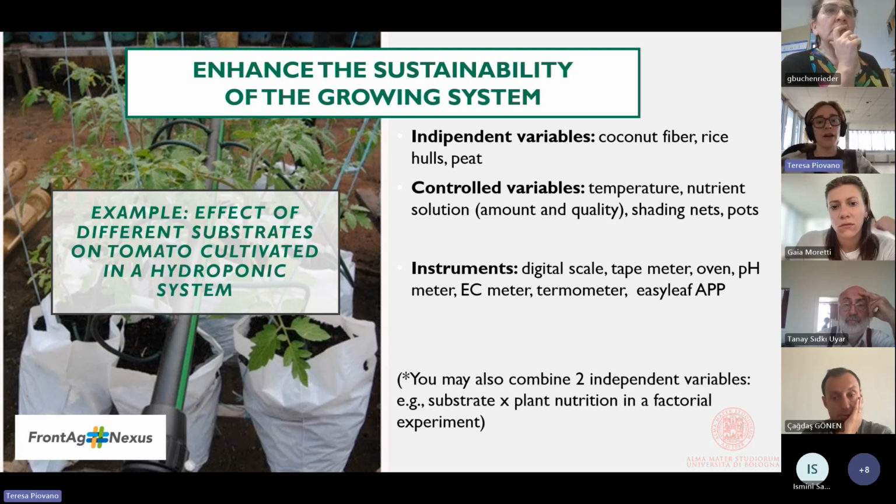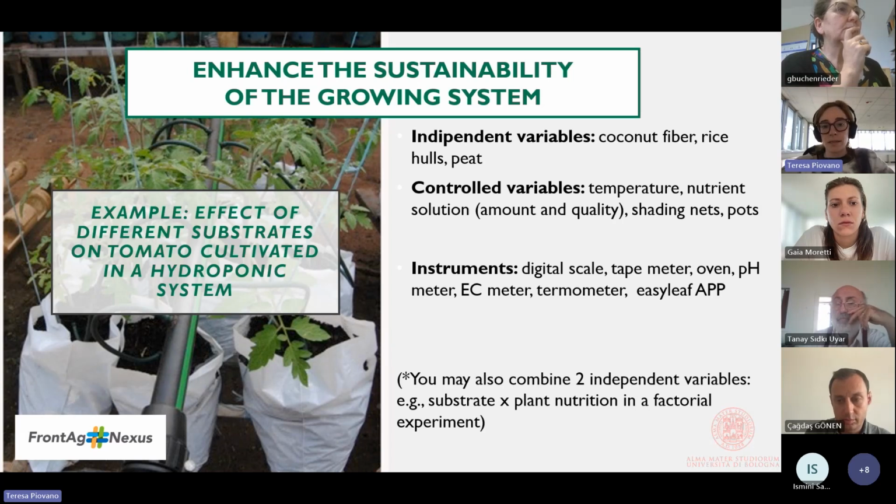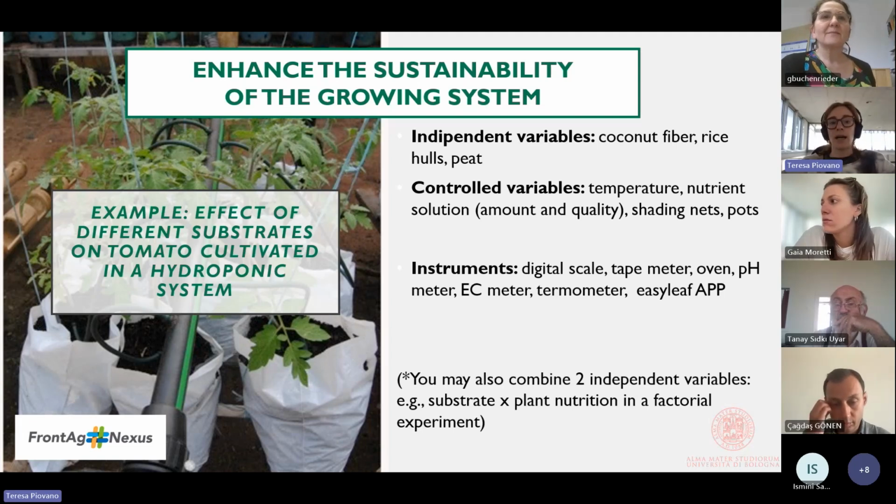Then I will have the controlled variables, what will stay unchanged, as I said before: the temperature, the nutrient solution, the amount and the quality of my nutrient solution, the shadiness, the pots. And I will be able to measure and to analyze my data and my plants through instruments: scale, tape meter, oven, and going on.